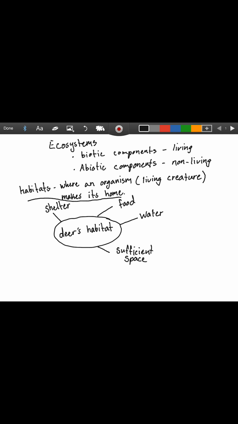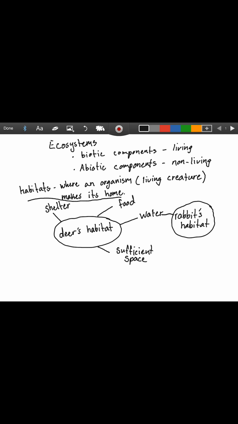Okay, and then let's look at the habitat for a rabbit. A rabbit's habitat might be very close to a deer's habitat. In fact, they might share water.